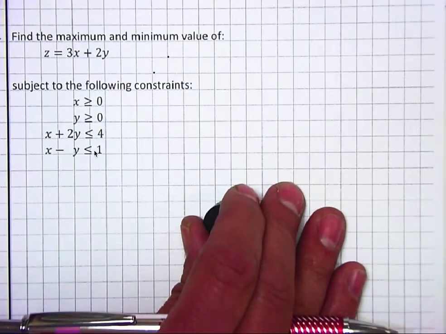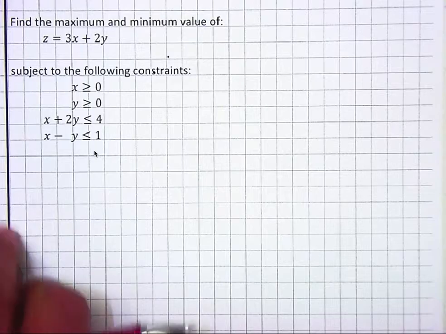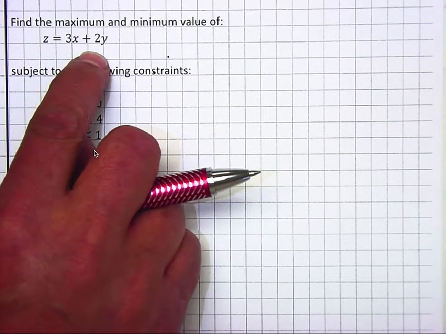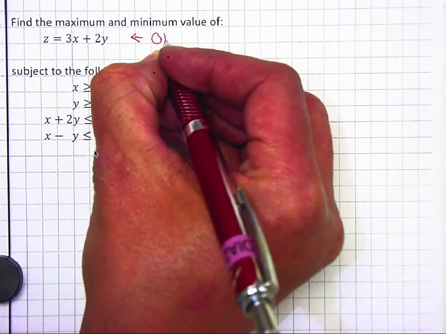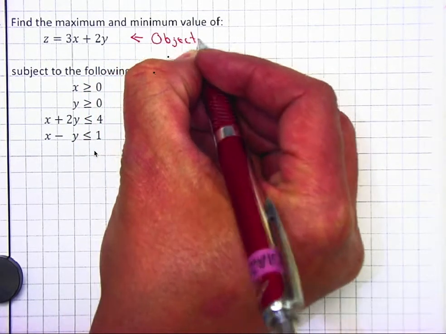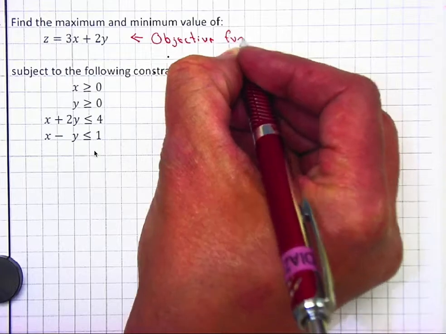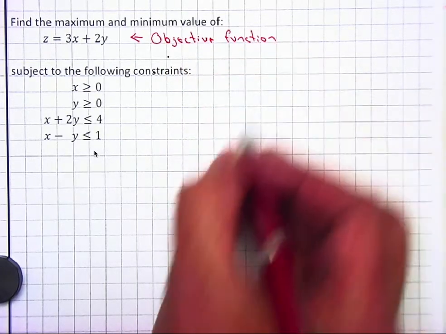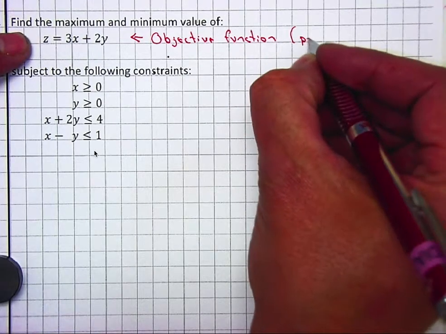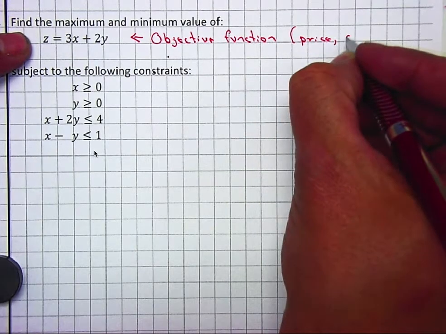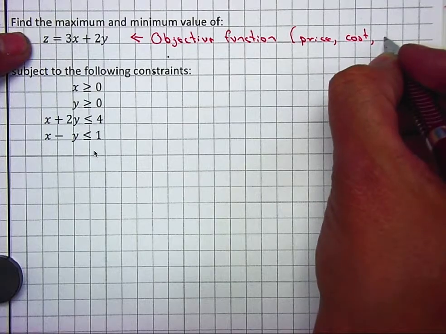It says, find the maximum value of the following equation. And we call this the objective function. Most likely, this will deal with price, cost, or profit.